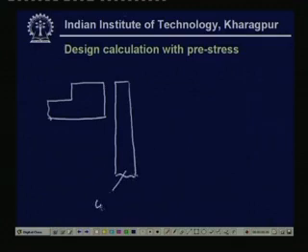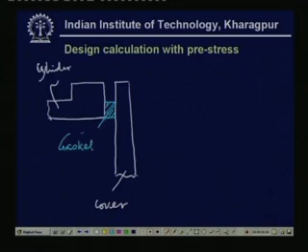This is the cylinder cover, and this part is the cylinder, and this is used for containing some pressurized fluid. So this must be leak proof, that is, we must have a gasket here. This is known as the gasket, and this is bolted.